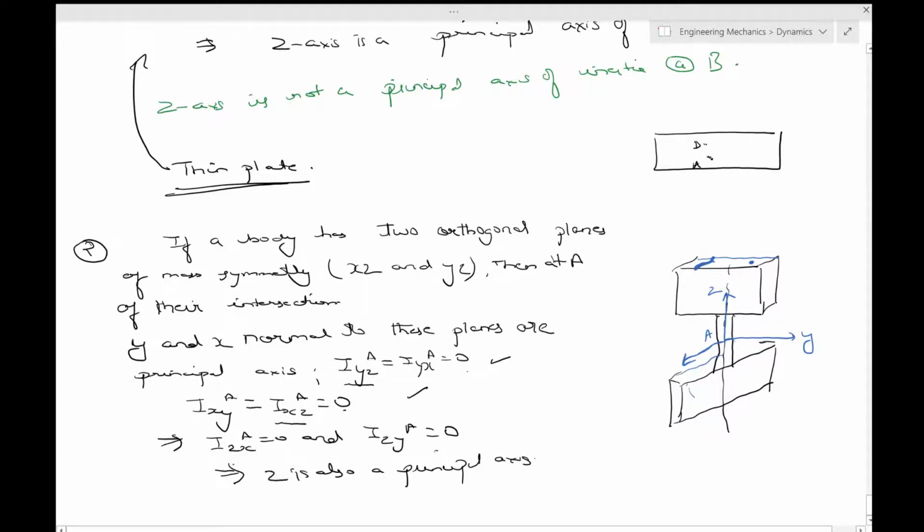So all three parts of this body are symmetric about the XZ and the YZ plane.